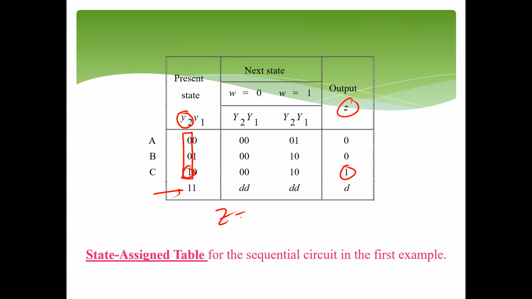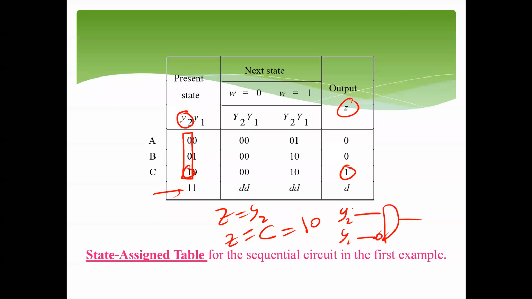You can make Z equal to Y2, or the general way to do it, Z should equal state C, which is 10. But since Y2 will be only 1 at state C, I can reduce, instead of using an AND gate with the value of Y2 and the value of Y1 inverted, I can directly just take the value of Y2.